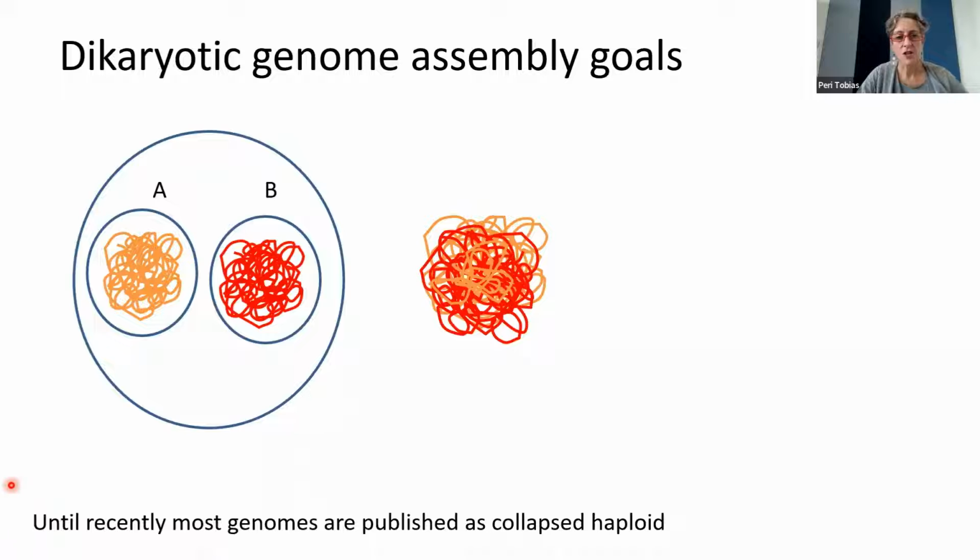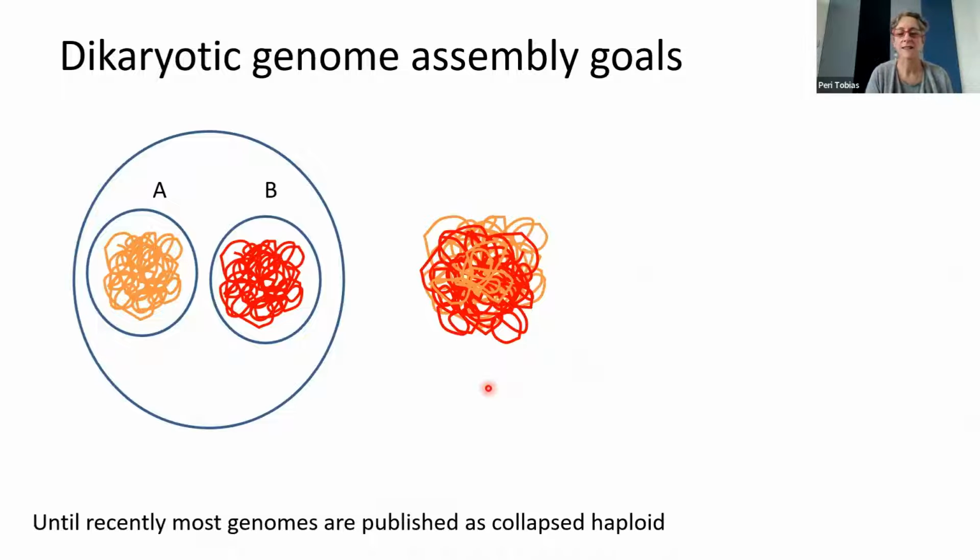Okay, I'm going to move on to the genome assembly. The goals for a genome assembly are this, particularly for a dikaryotic genome. As I showed you, that spore has two separate nuclei with the DNA inside. The nuclear membrane holds the DNA in separate compartments, A and B. When we do an assembly, we extract the DNA and sequence it.